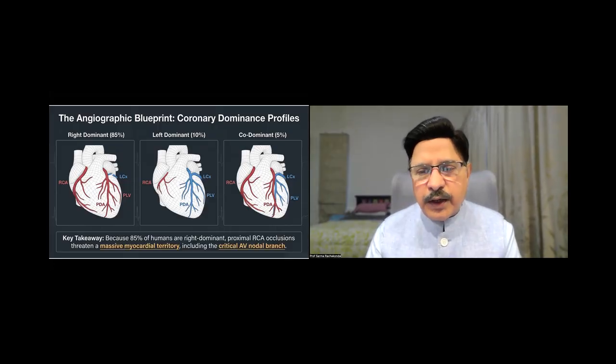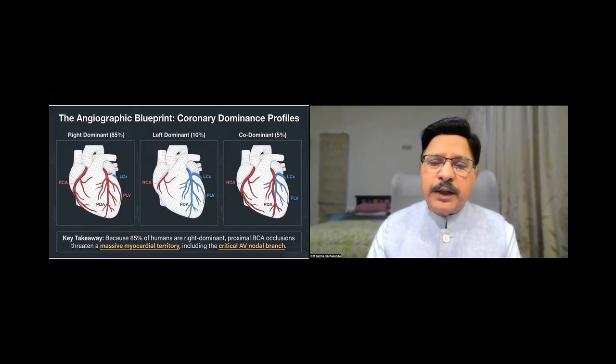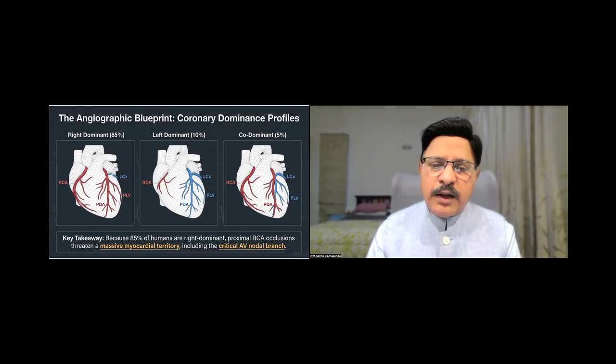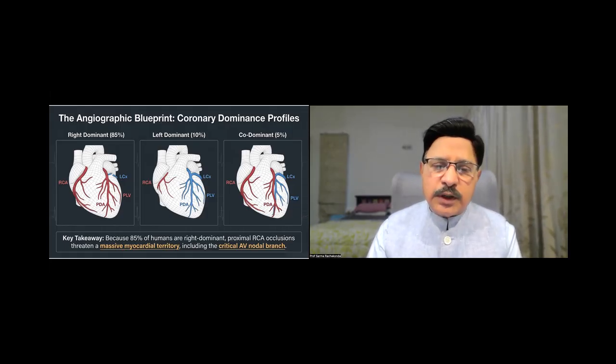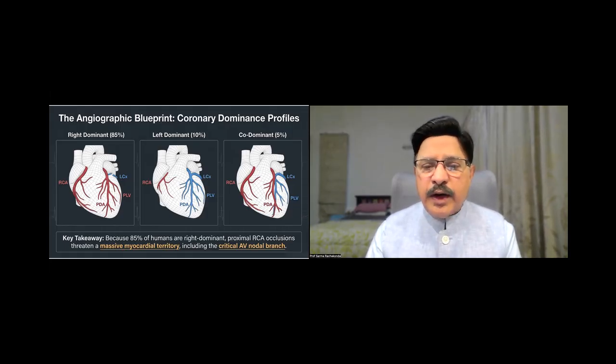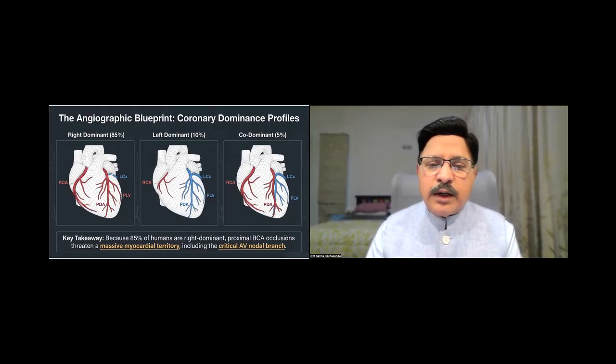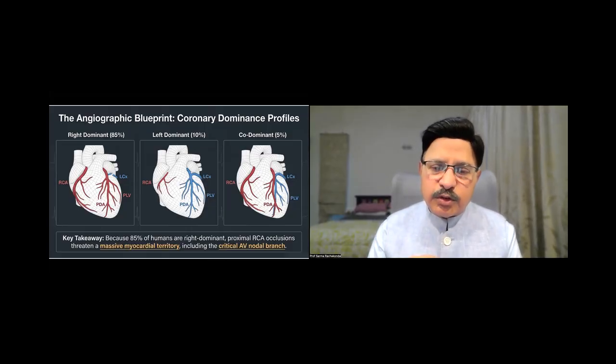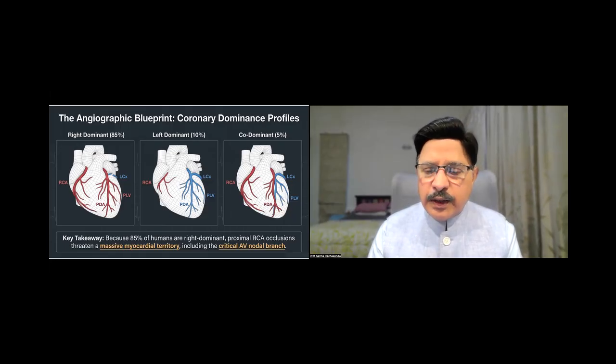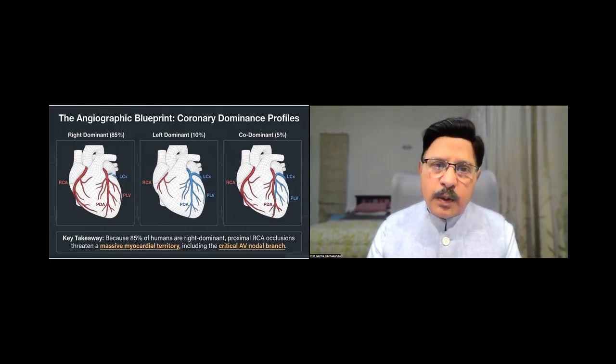After that, the next important vessel is the RCA, because 85% of humans are right dominant. This includes critical SA nodal and AV nodal branches. This can lead to arrhythmias and heart block.